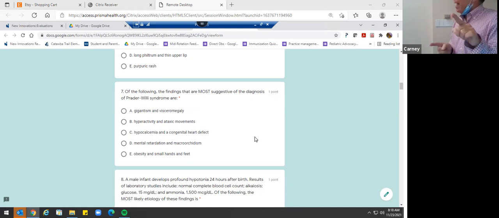So you can look at it from, if you don't know that small hands and feet were to be part of Prader-Willi, or that Prader-Willis are floppy at the beginning and they're real thin with failure to thrive, and then their obesity kicks in about 4 to 5 years of age, okay? If you don't know that, then go the other way on a genetics question and say, well, I know that's that, and that's that, and that's that.